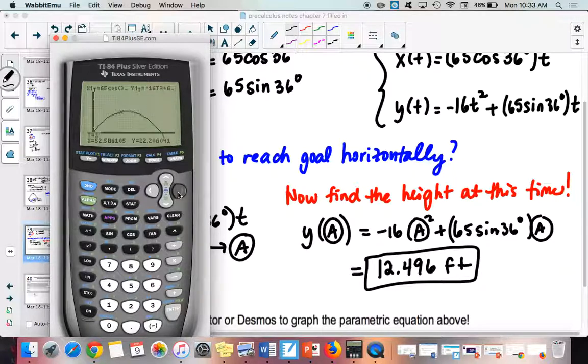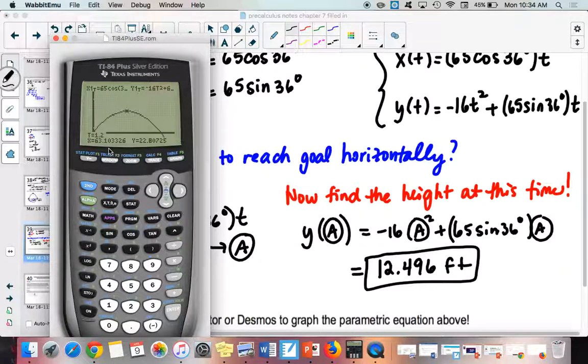Are we getting there? It looks like it's at its maximum around 1.2. Is that as precise as we probably want it? No. But it gives you a good approximation, and the nice thing is it gives you the x value and the y value at that point. So it says our horizontal distance is 63, and our vertical is 22. All right, do you guys understand?